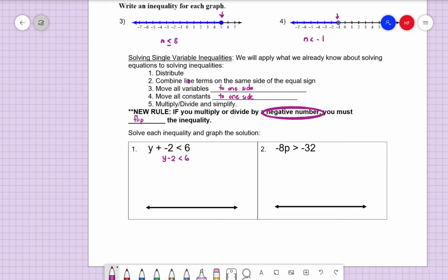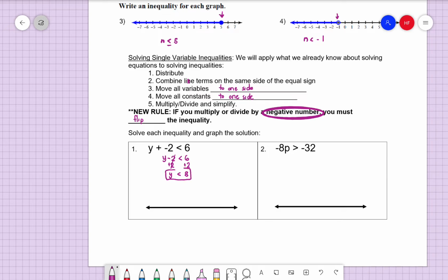I want to get my constants on one side, my variables on the other. So I'm going to move this constant over. I'm going to get y, this comes down just like an equal sign would, is less than 6 plus 2, which is 8. I did not divide by a negative, so nothing has to change.